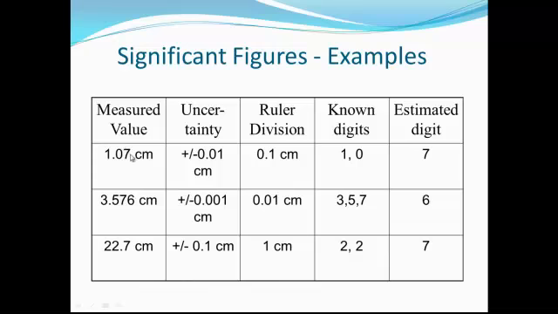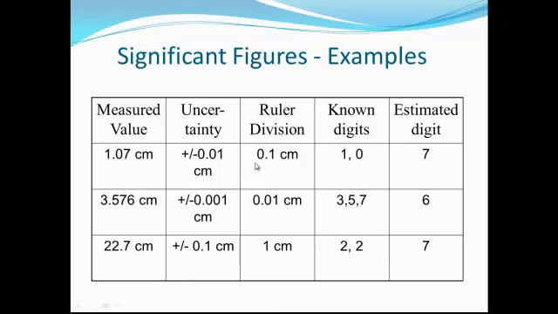So the uncertainty is where the last digit is, where one has to make that estimate. So the uncertainty is plus or minus 0.01 centimeters as indicated by the measured value. And the ruler division, in this case we measure the length, so we use the ruler.